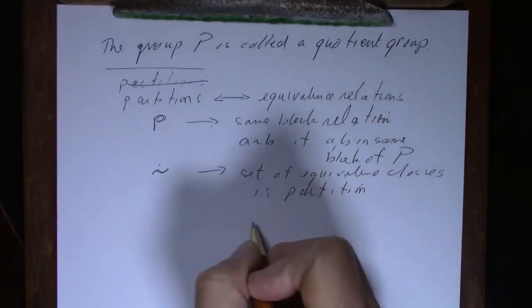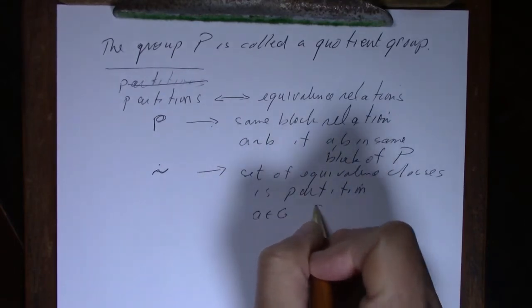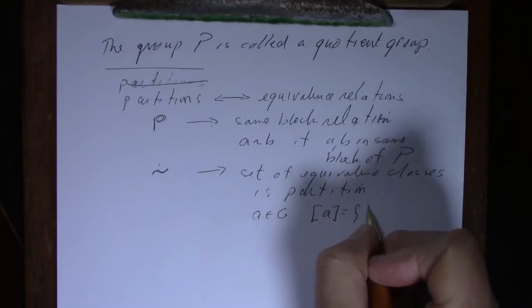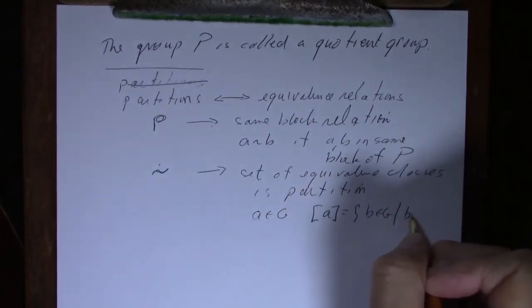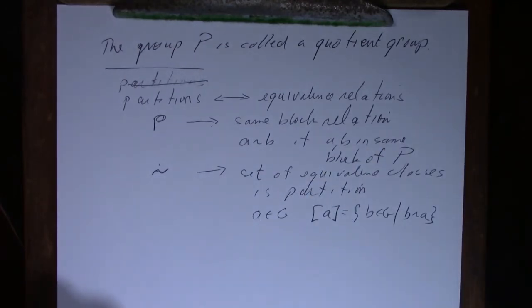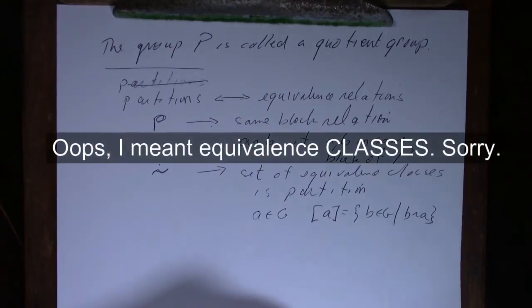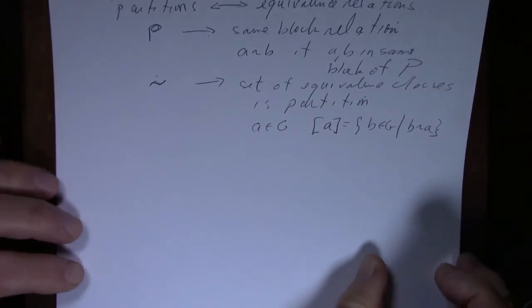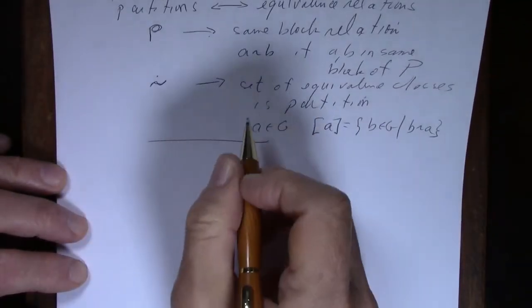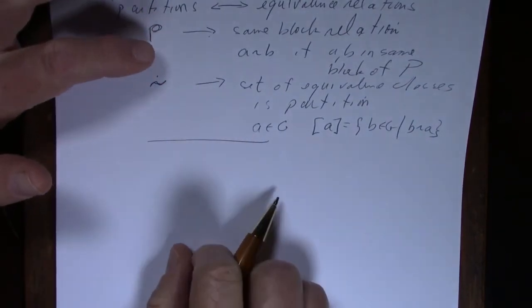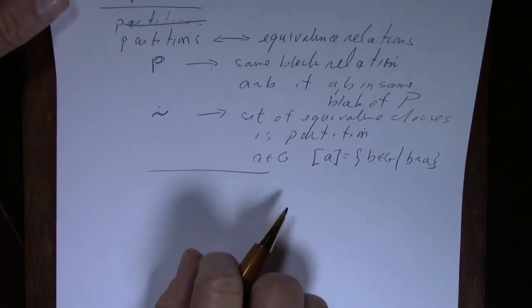Remember that given an element A in G, the equivalence class containing A is the set of all elements in G that are equivalent to A. There's a lot of redundancy in equivalence relations, but when we take the set of equivalence classes, that implies we're casting out duplicates, and those form a partition. These two correspondences are bijective, and they're inverses of each other.